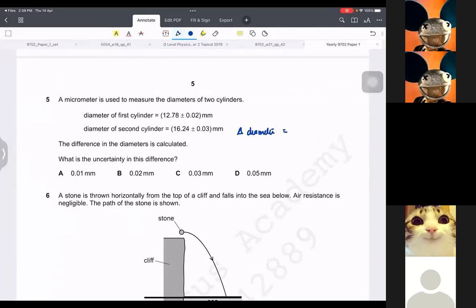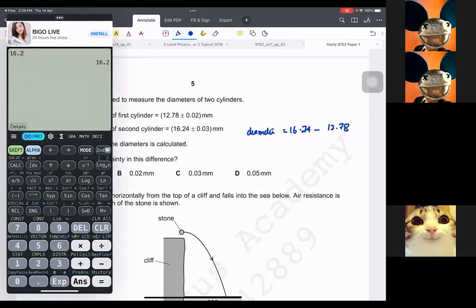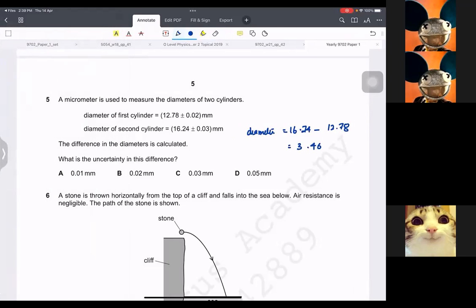So the difference would be 16.24 minus 12.78. So this is 3.46, right? Oh, this is just the difference, not the uncertainty.